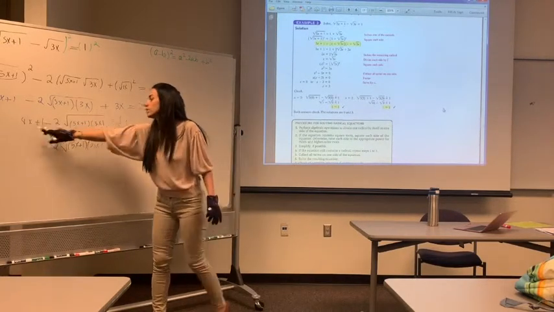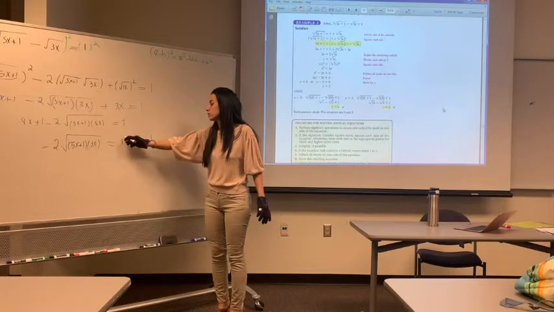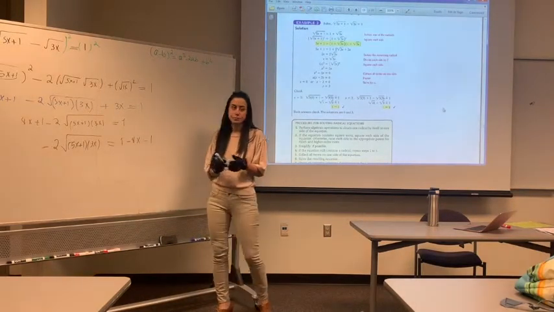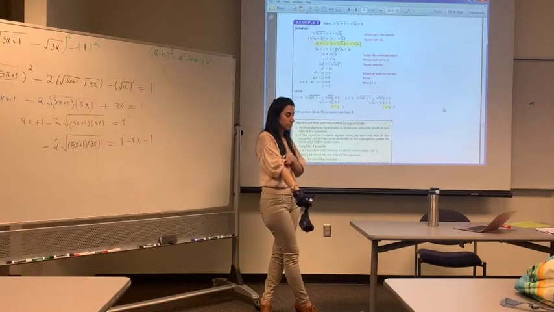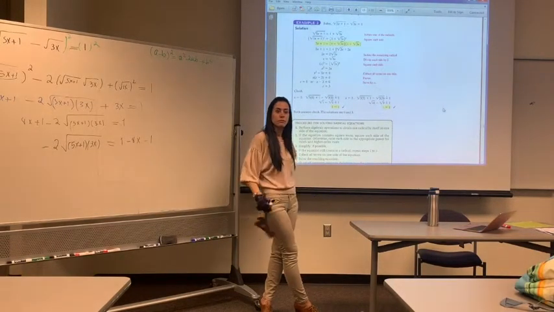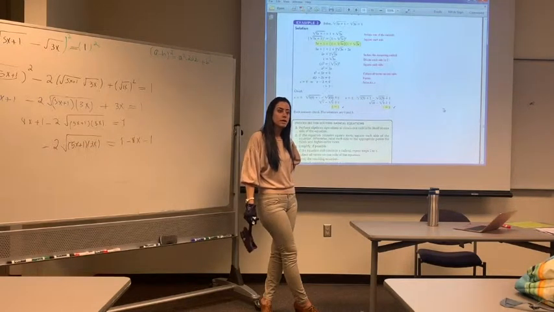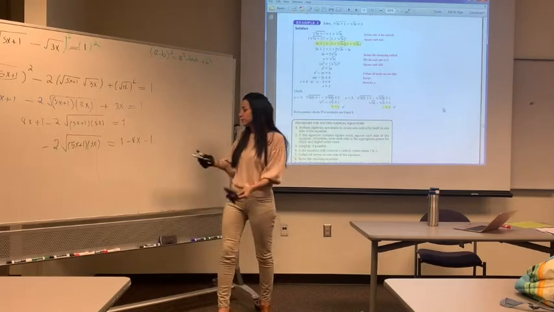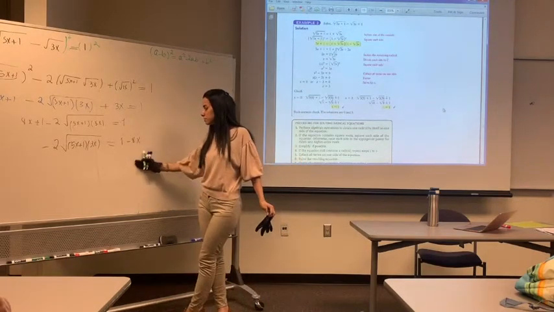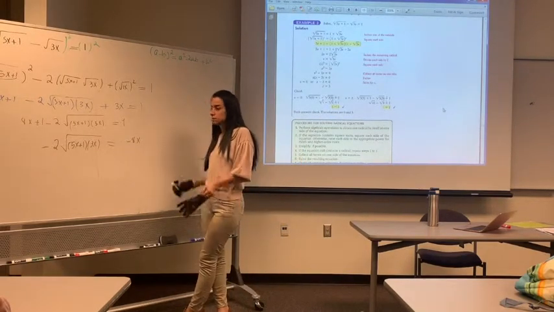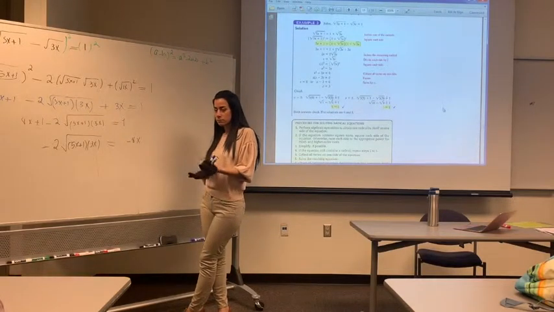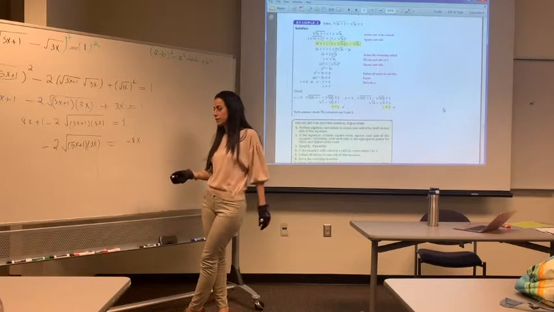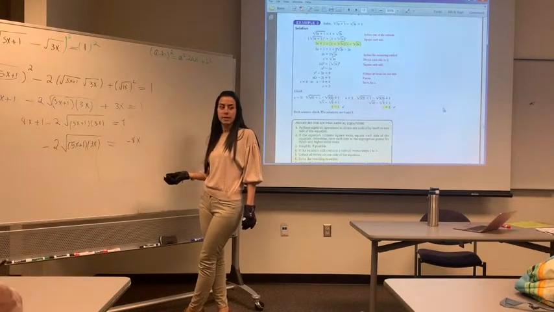Negative, this 1 also goes to the other side too. Correct? So cancel these. What else? Actually, we can continue to isolate the radical.